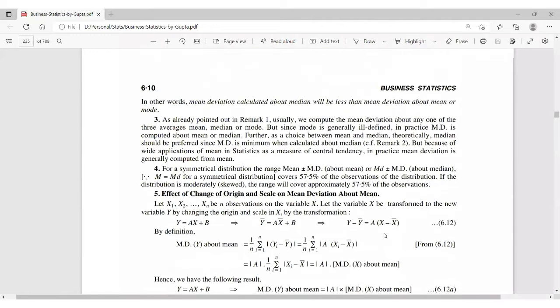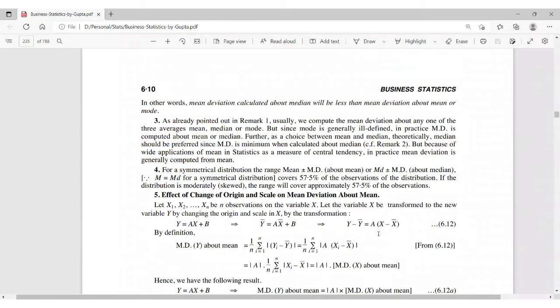Mean deviation. There are different methods to find the mean deviation. We can find it with the help of the mean, median or mode. Generally, when nothing is mentioned, we always use the median.